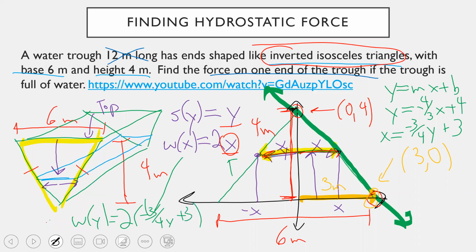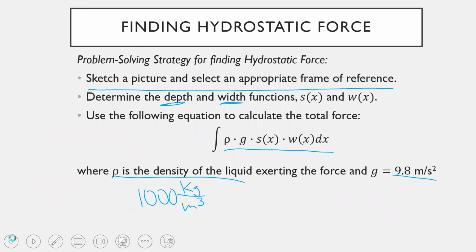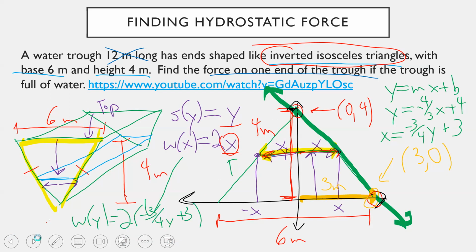You can distribute the 2 there. And when we do that, we end up with negative 3/2 y plus 6. Okay, so now we have both our width and our depth functions in terms of the variable y, and I apologize, it's gotten so sloppy.